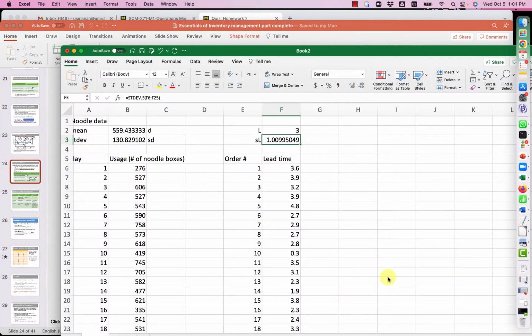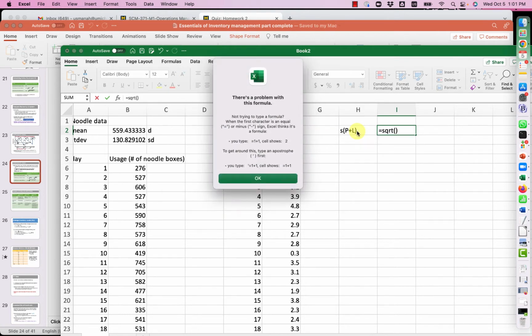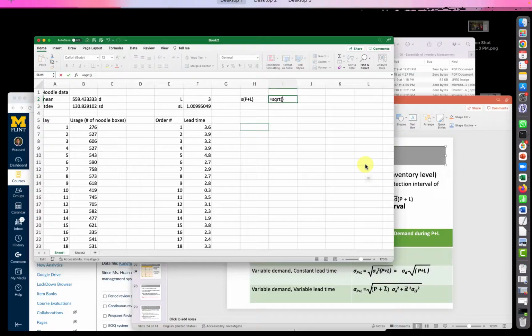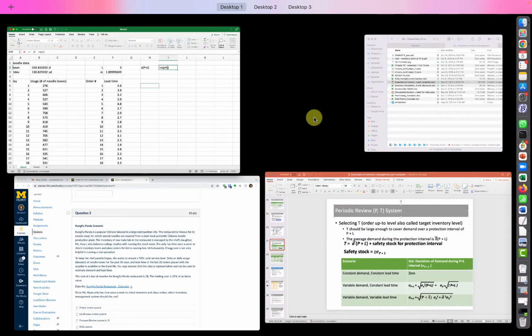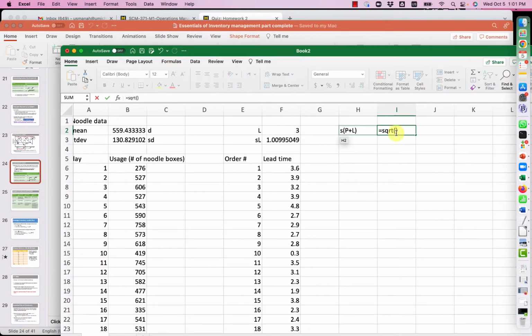So if we go to our Excel sheet, we have to find the sigma of P plus L, and to do that we do a square root. We know that this whole thing is under a square root. Then you do P plus L. We have not written out P plus L first, so let's do that first. Well, we have L here.